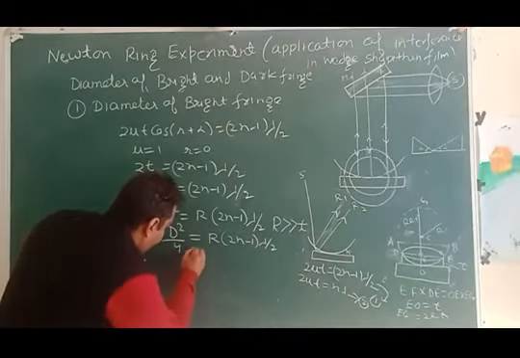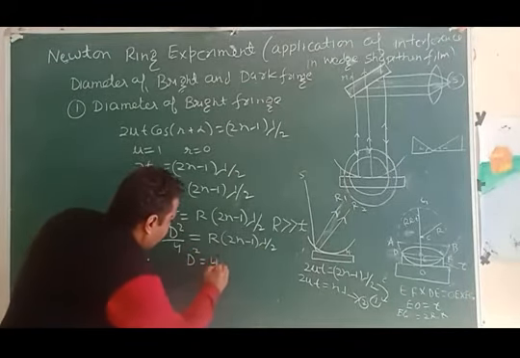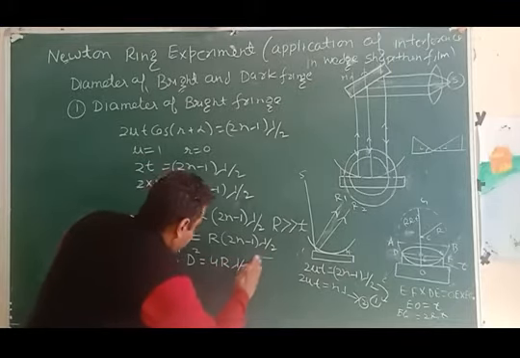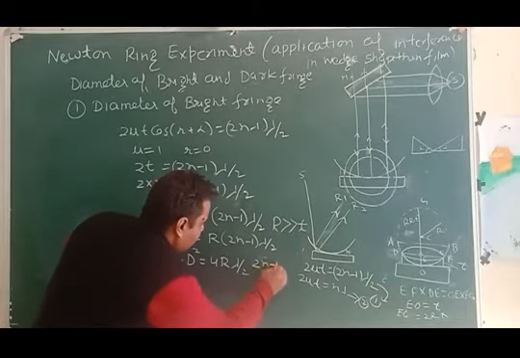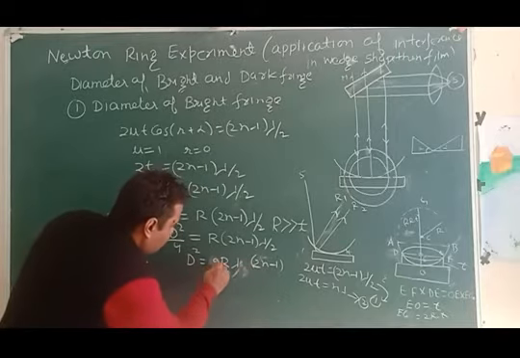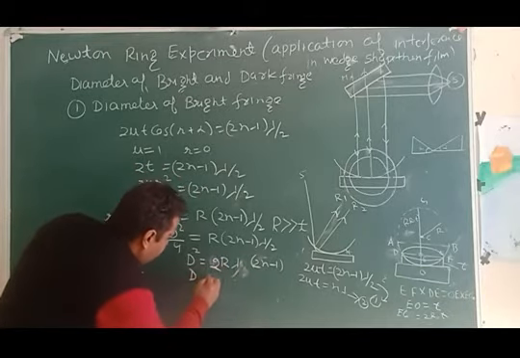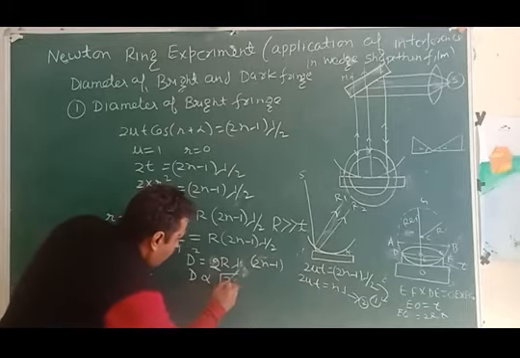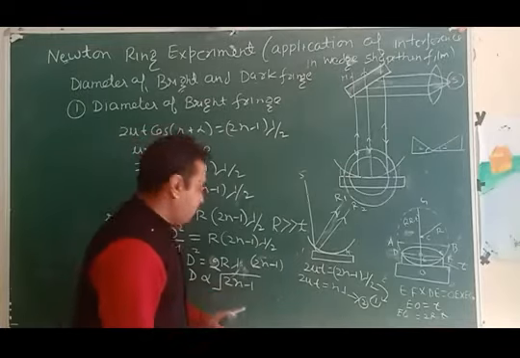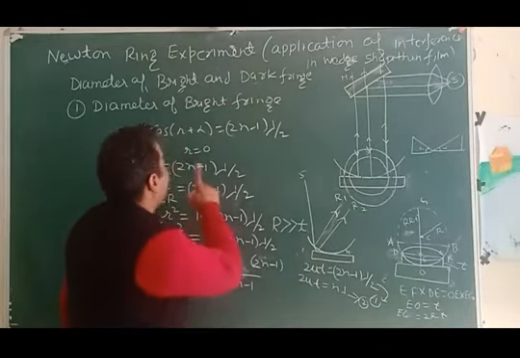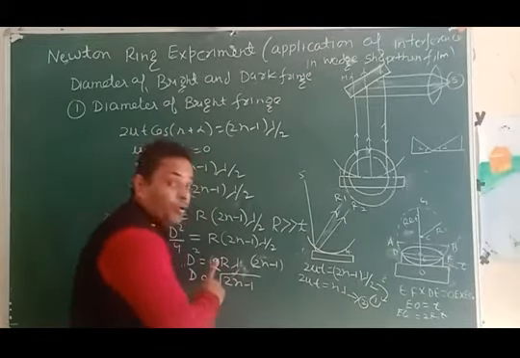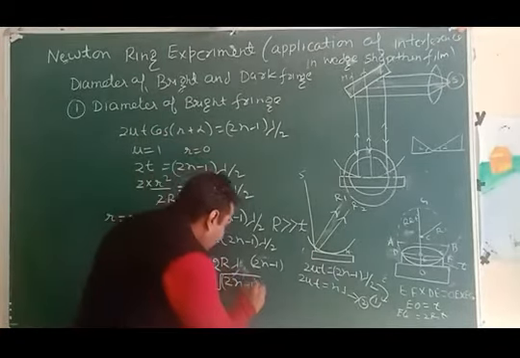So D square is 2R lambda (2n minus 1). So the diameter is proportional to the square root of an odd natural number. The diameter of the bright fringe is the square root of the odd natural number.